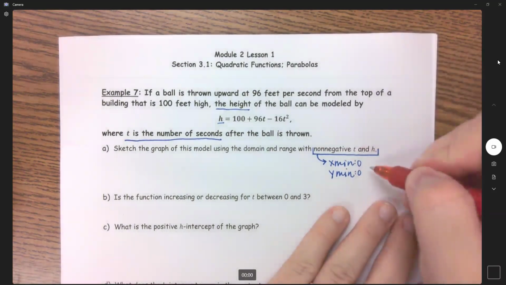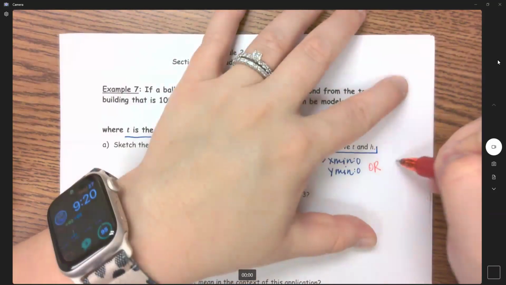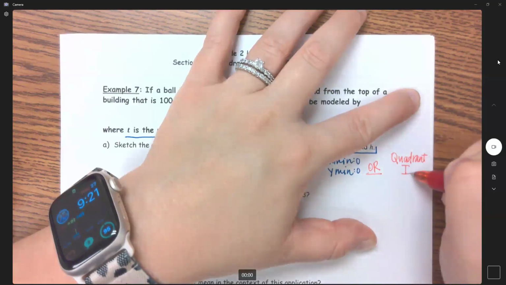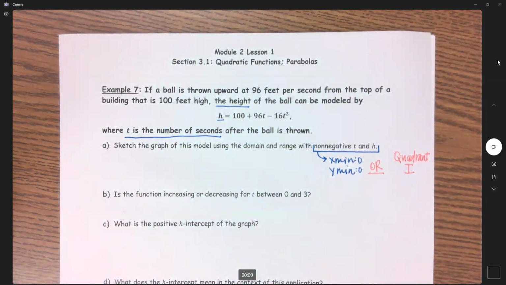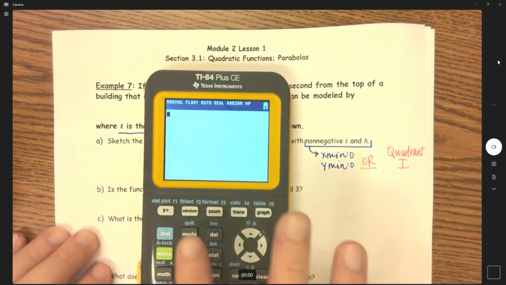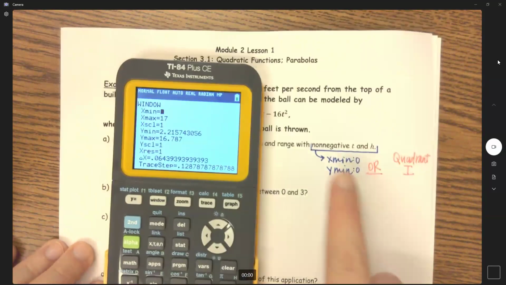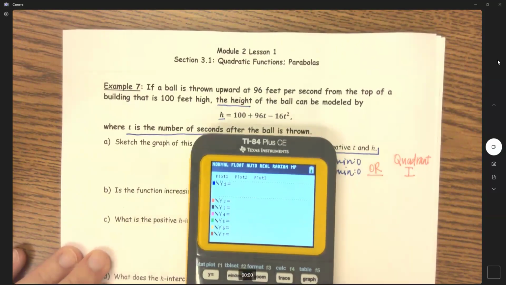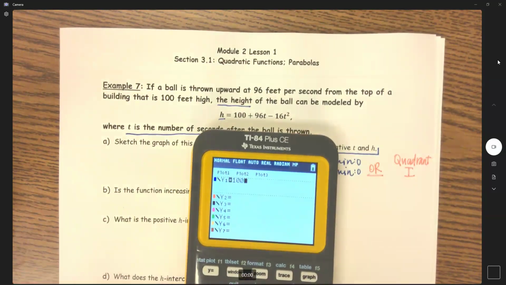You can also think of this as graphing in quadrant 1 of our graph here. Let's type in the equation first, right? That's probably where we should start. So instead of t, I'm putting in x. So I have 100 plus 96x minus 16x squared.